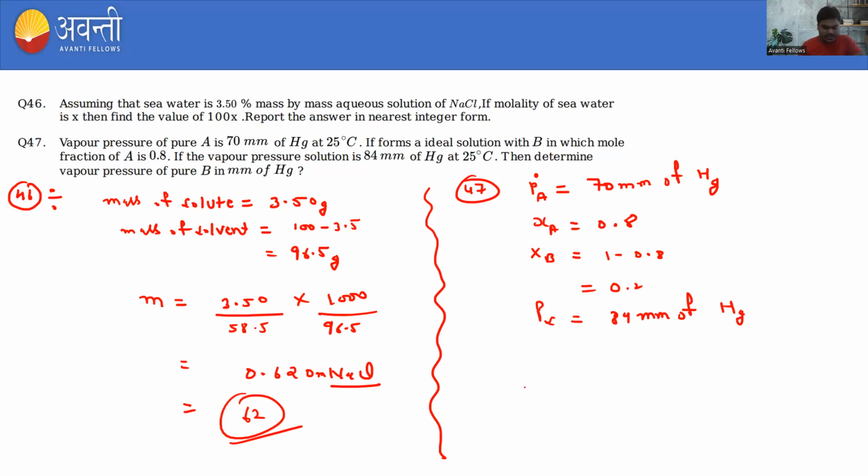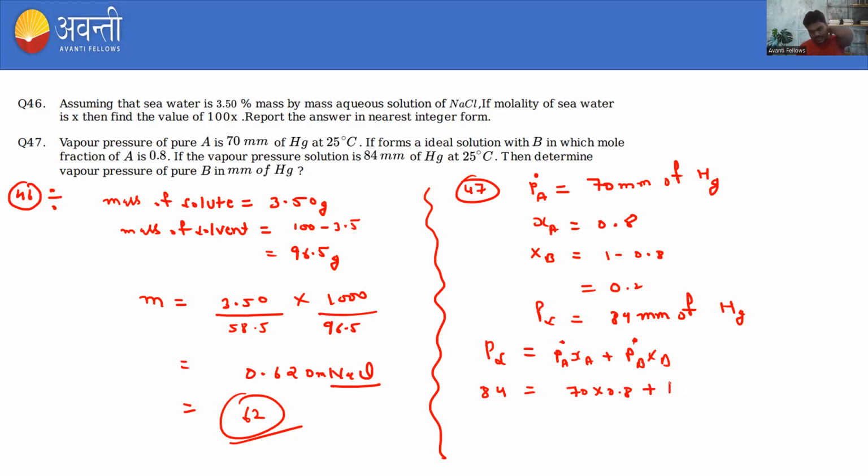Now we know the formula for PS. PS is equal to P naught A XA plus P naught B XB. This we know from Raoult's law. Just put the values. PS is equal to 84. We know P naught A is 70 and the mole fraction is 0.8.